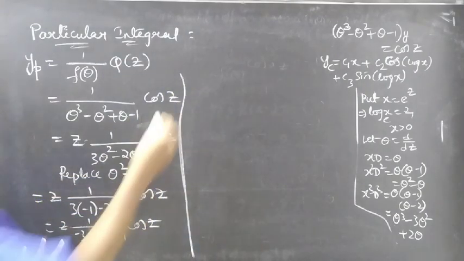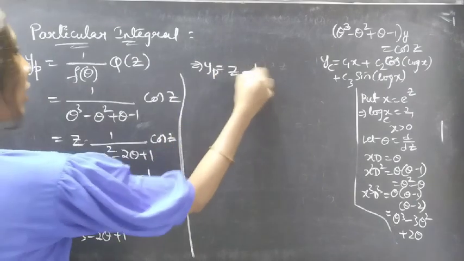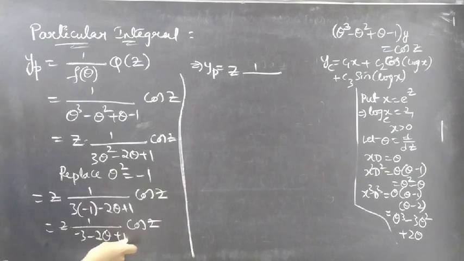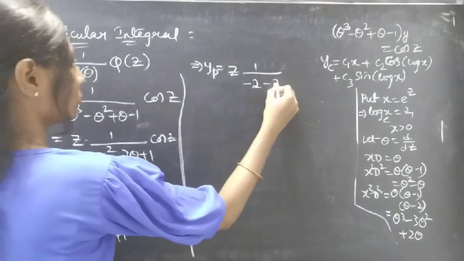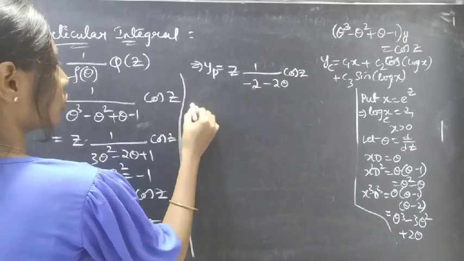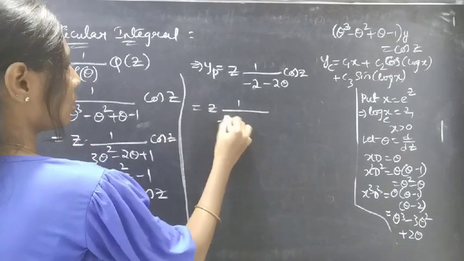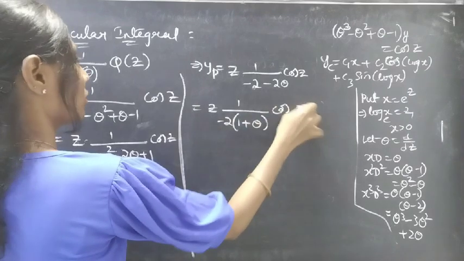Now this becomes z into 1 by −3 + 1 is −2, −2θ into cos z. Now take −2 common from the denominator. We'll get z into 1 by −2 times (1 + θ) into cos z.